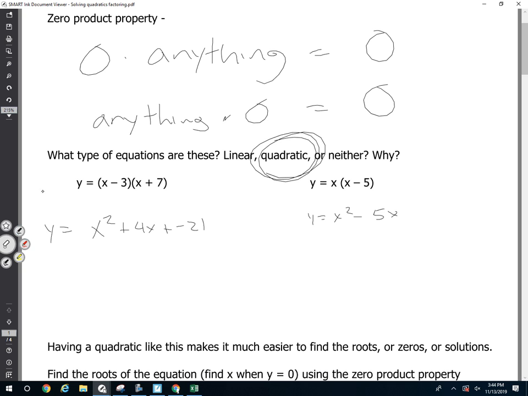But watch what's going to be great. If I replace this y with a 0 and ask you to solve this equation, it's going to be much easier to look at this and see the answers right away than to solve it by graphing or any other method.